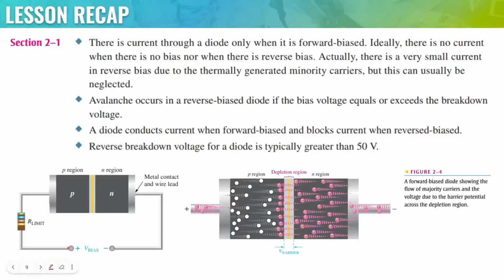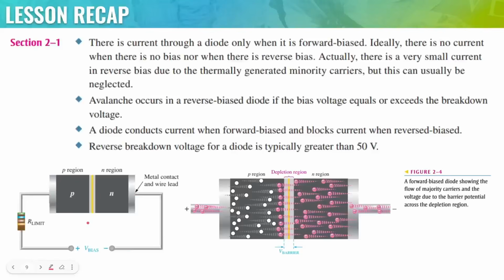However, if we have this circuit diagram, we can also use the conventional current. Starting with the positive terminal of the battery, we go to the P region. To remember it, P for positive and N for negative. The N region connects to the negative terminal of the battery.